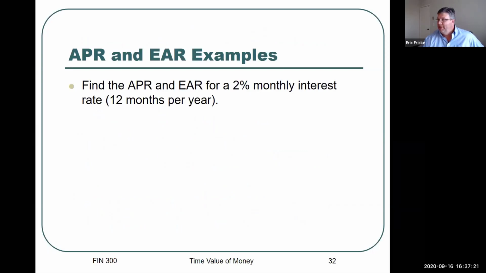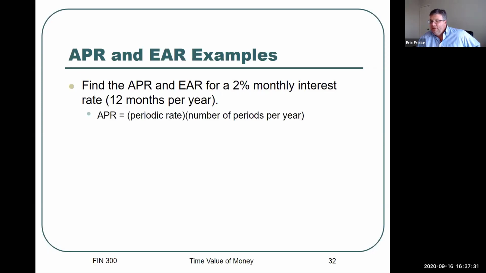Let's do an example here. 2% monthly interest rate. Calculate the APR and the EAR for that. So the APR is the periodic rate multiplied by the number of periods per year. So it's just 0.02 multiplied by 12.